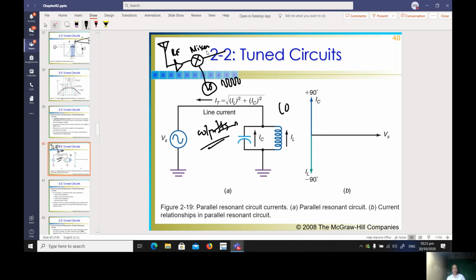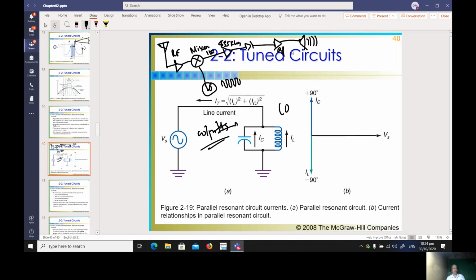Para paglabas mo dyan, meron kang intermediate frequency, tapos dadaan sa amplifier, which is 455 kilohertz. Tapos meron kang detector diode, then you have your audio amplifier, and then your speaker. You can hear now the audio frequency.